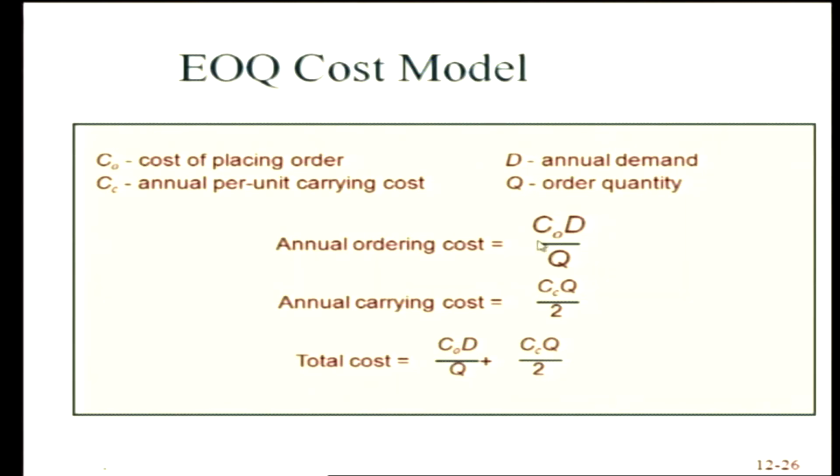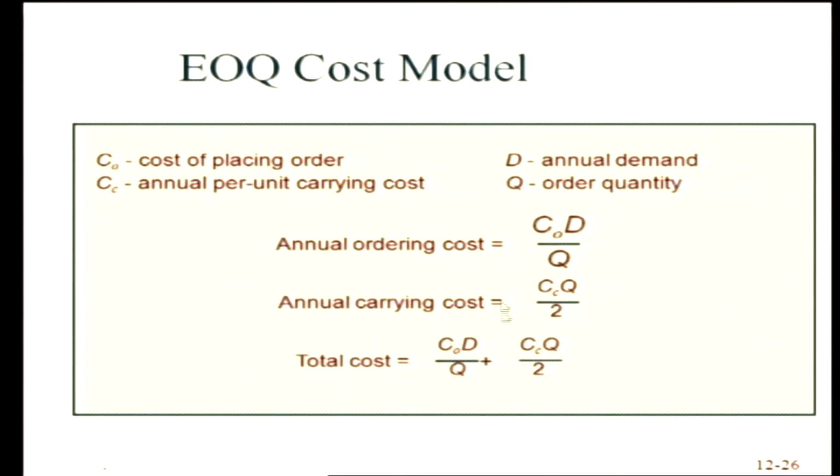Since CO is the ordering cost, multiplying the ordering cost by the number of orders gives the total ordering cost. Similarly, Q is the inventory at one time and 0 at another, so the average will be Q by 2. CC is the carrying cost, and Q by 2 multiplied by CC gives the cost of carrying the inventory.